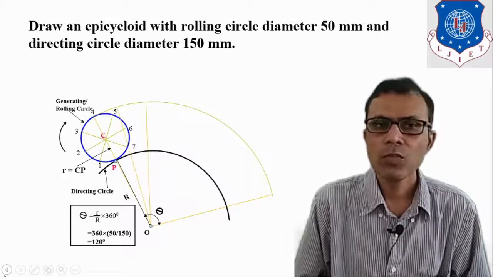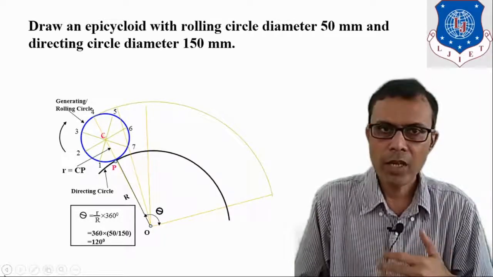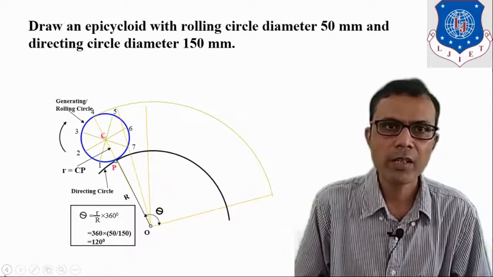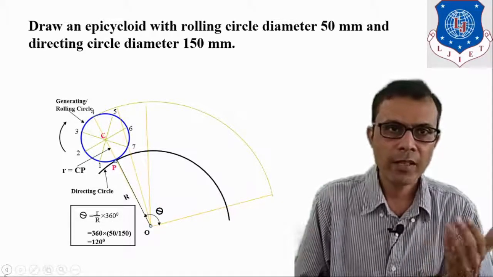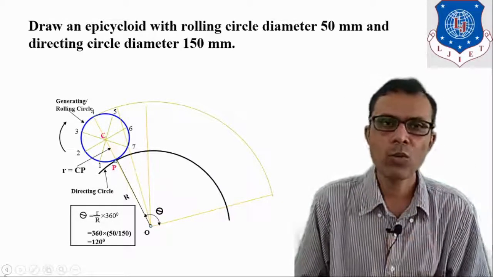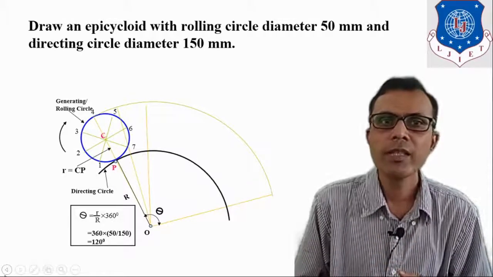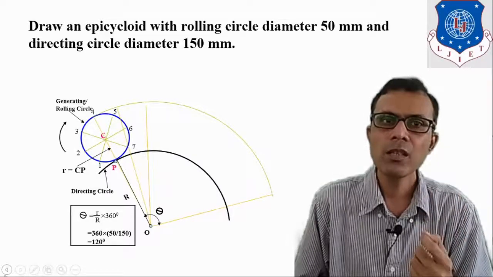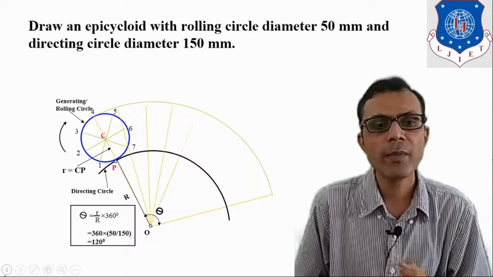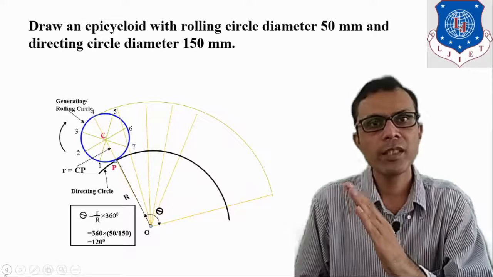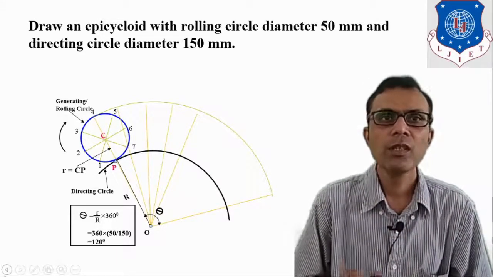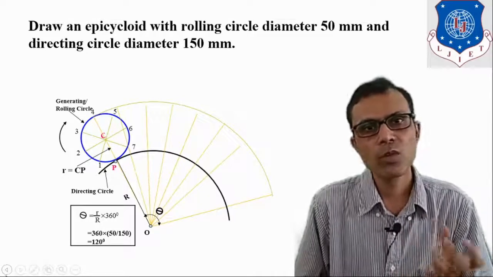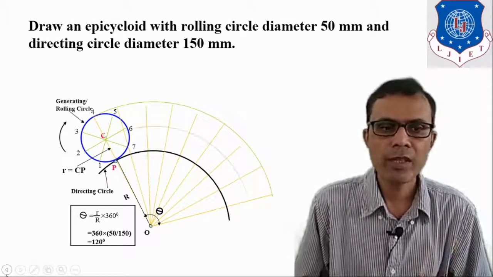As we have divided the circumference of the rolling circle into 8 divisions, we have to divide this segment theta also into 8 divisions. 120 divided by 8 gives the angle of one segment. So we divide this theta segment into 8 equal divisions; by protractor we can make these divisions accurate.